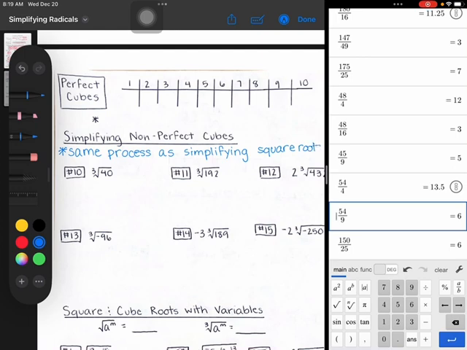Let's go ahead and make a list of our perfect cube numbers because we'll need to know those. 1 cubed is 1, 2 cubed is 8, 3 cubed is 27, 4 cubed 64, 5 cubed 125, 6 cubed 216, 7 cubed 343, 8 cubed 512, 9 cubed 729, and 10 cubed is 1,000.